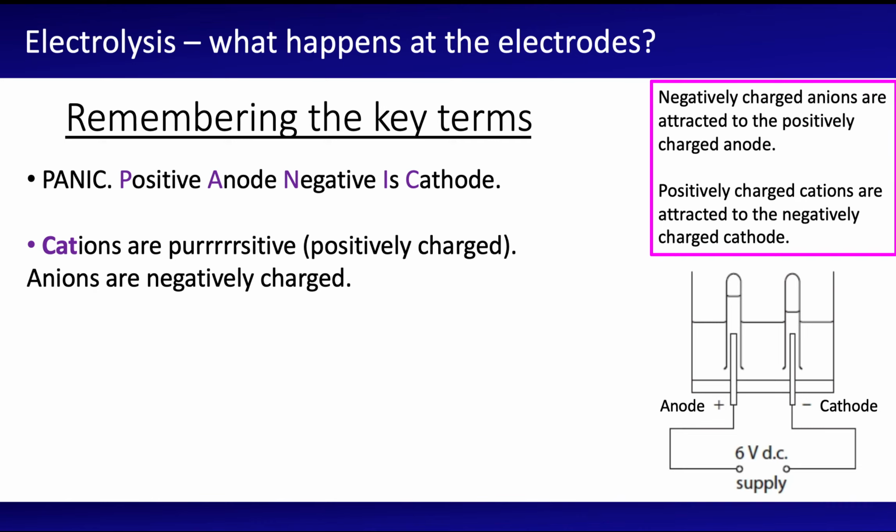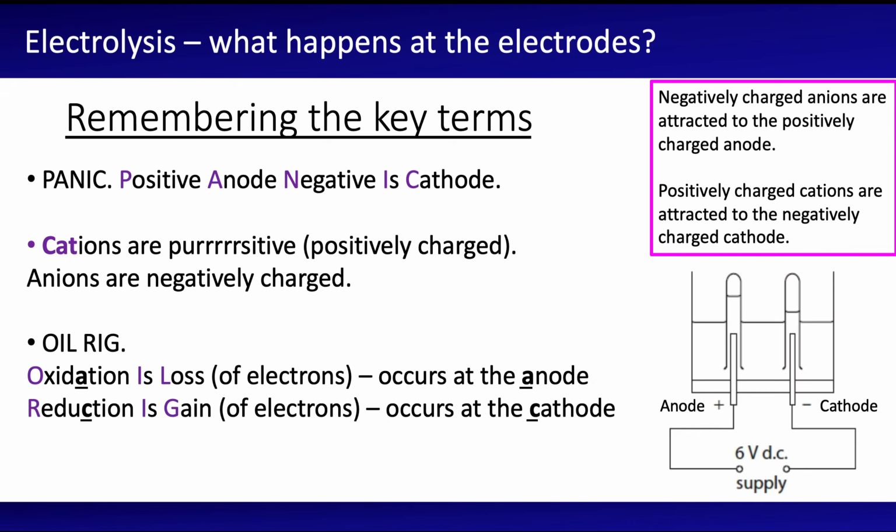And due to opposites being attracted to one another, the negatively charged anions will be attracted to the positively charged anode, and the positively charged cations will be attracted to the negatively charged cathode. And I'll show you this in action with a specific example in a moment.